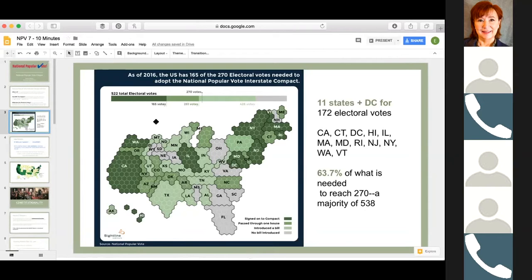Specifically, here in Oregon, we have been considering this bill since 2009. It passed the House in 2009, 2013, 2015, and 2017.